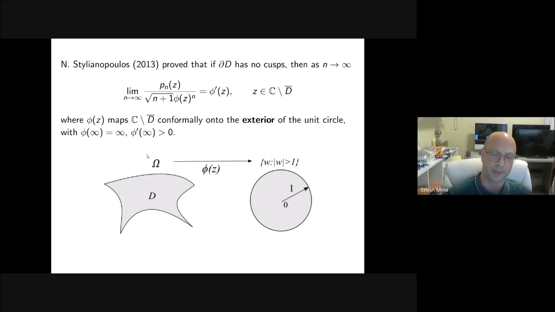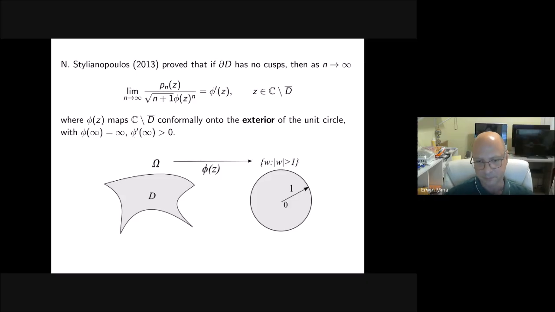So now, what is this function phi? This function phi is the so-called canonical conformal map that sends the exterior of the boundary onto the exterior of the unit circle. The standard normalization is that this map sends infinity to infinity, and the derivative at infinity is positive.